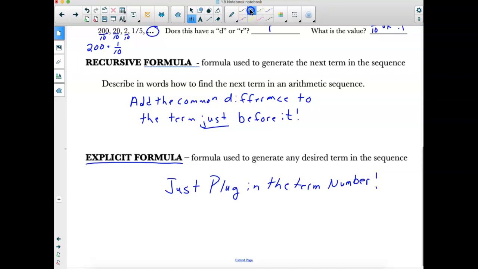But doesn't that sound like we're using an equation?